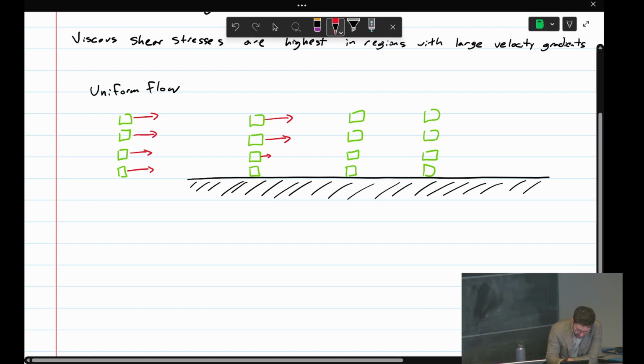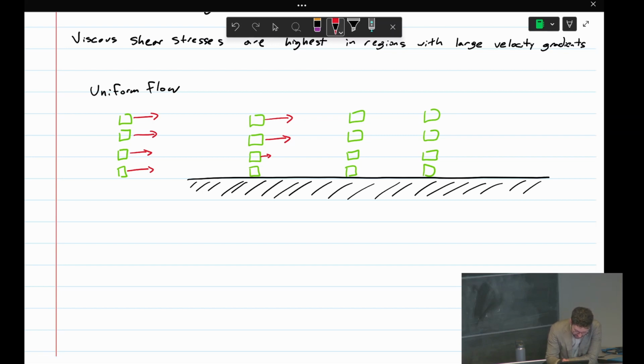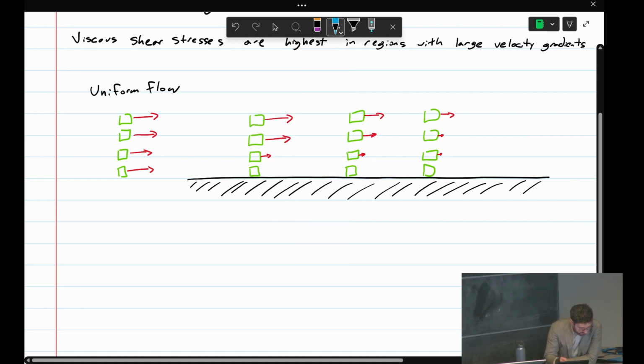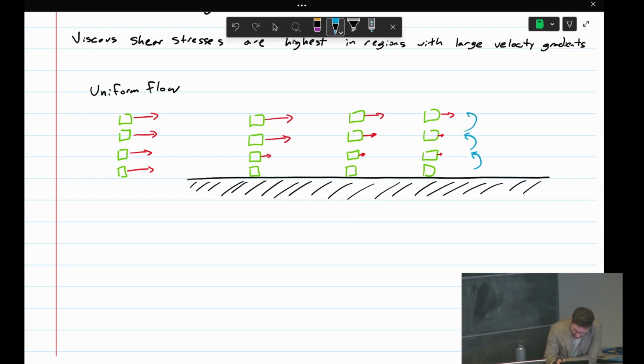So I'm drawing the parcel on the wall has 0 velocity, because of the no-slip condition. So the second parcel has slowed down, the third one now, and so on. So what's happening here is that there's basically a shear being applied.